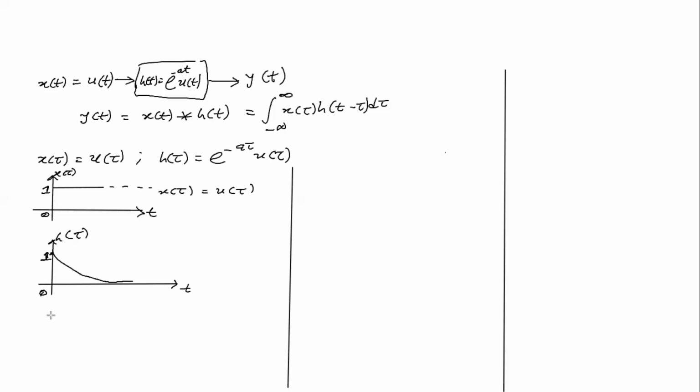This is the time axis. We are performing time reversal, so we are going to get h of negative tau.